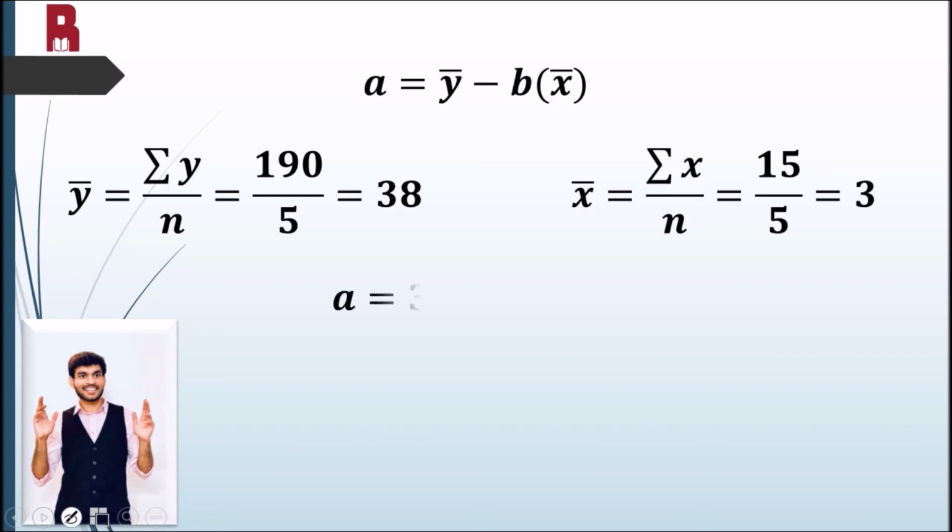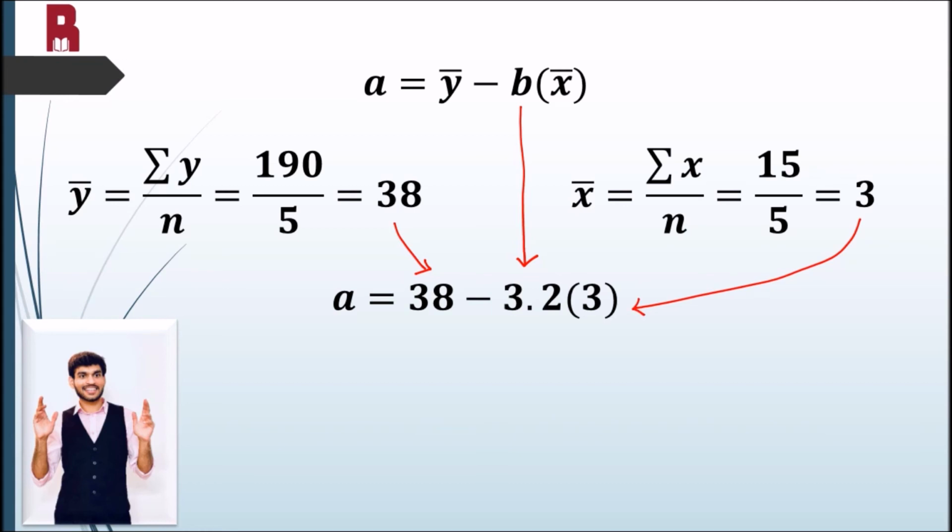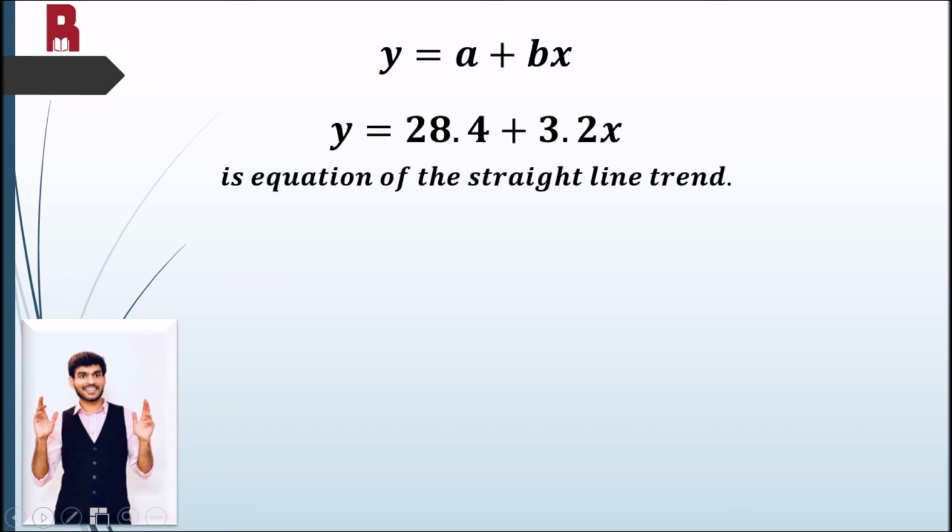Substituting in the above equation, a is equal to 38 minus b, which was 3.2, and x bar is 3. Final answer, a is equal to 28.4. Now we have a as well as b. Let us substitute that value in the regression line, y is equal to a plus bx. Therefore, y is equal to 28.4 plus 3.2x. Now we can predict the value of y whenever x is given.